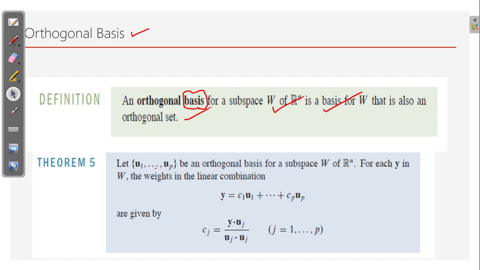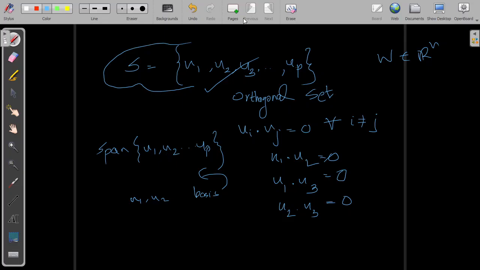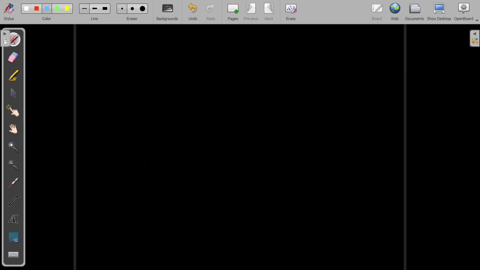It is said that this forms the orthogonal basis for the subspace W. For each y in W, that means orthogonal basis means we have a set S equal to u1, etc. up, and we have a subspace W, and this forms an orthogonal basis.